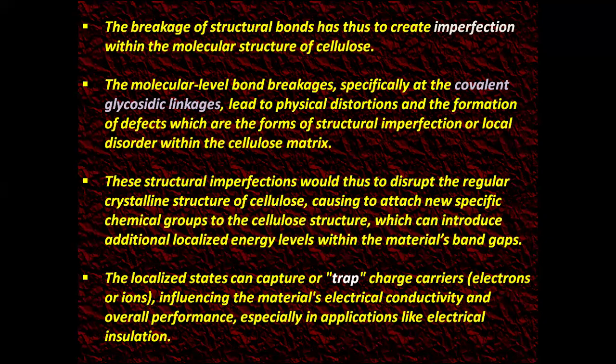These structural imperfections disrupt the regular crystalline structure of cellulose, causing new specific chemical groups to attach to the cellulose structure, which can introduce additional localized energy levels within the material's band gaps.